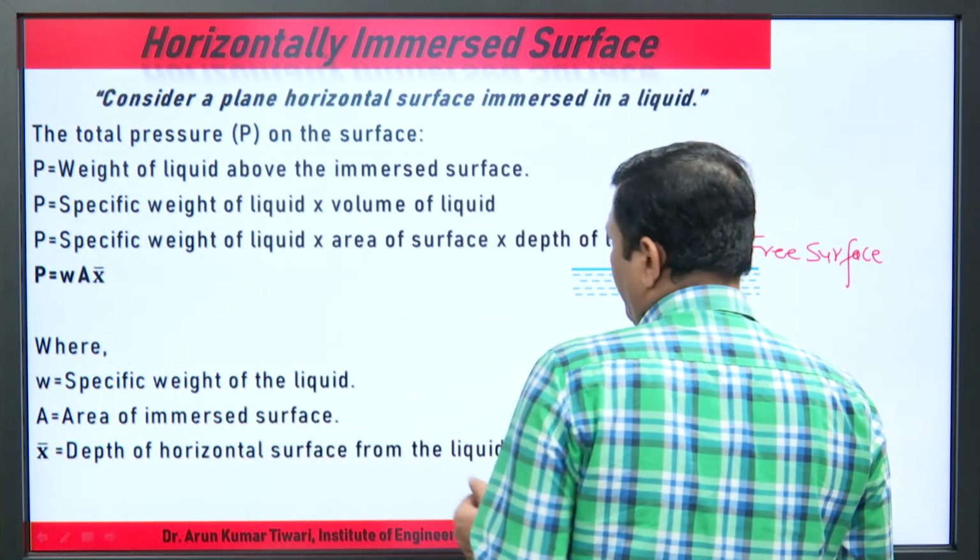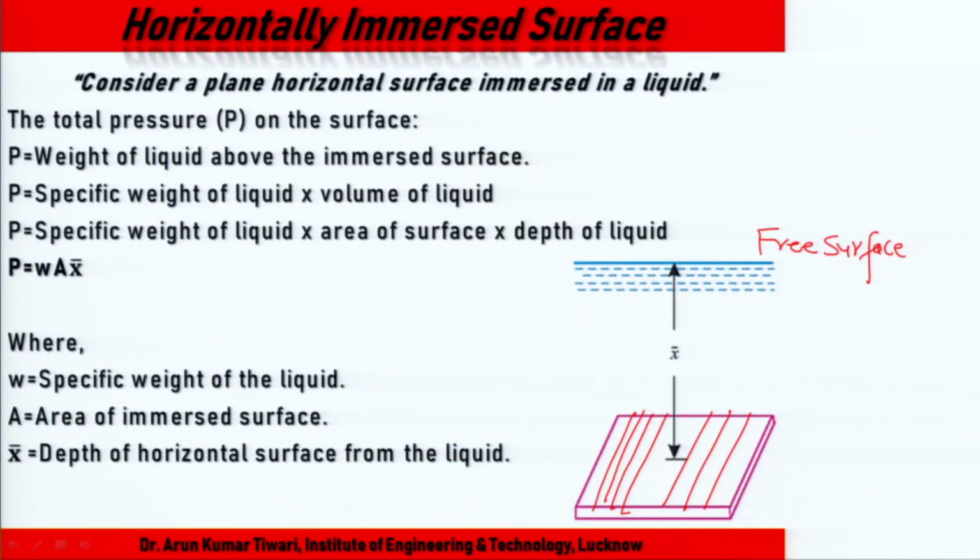What is our objective? Our objective is to calculate capital P. How do we calculate it? P equals rho g h, or w times area times x bar, where x bar is the depth of the CG point from the free surface.